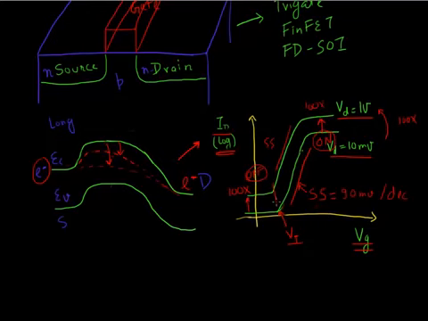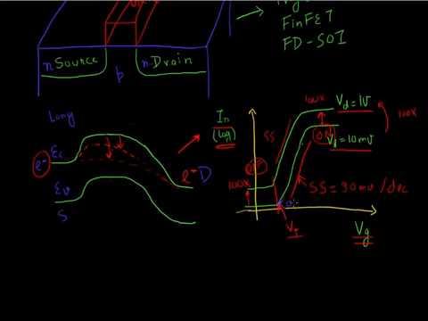And your threshold voltage, say you had a threshold voltage of 0.1 at 10 millivolts, you see the same threshold voltage when you have a drain voltage of 1 volt. So three things are happening: your subthreshold slope remains the same, your VT remains the same, and you see a similar increase in your on current and your off current in a long channel device.